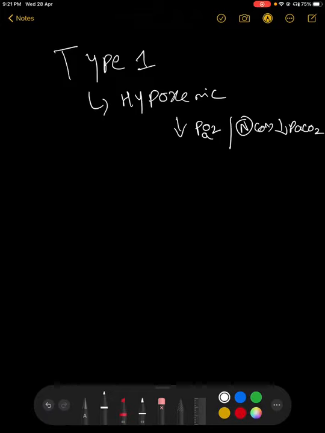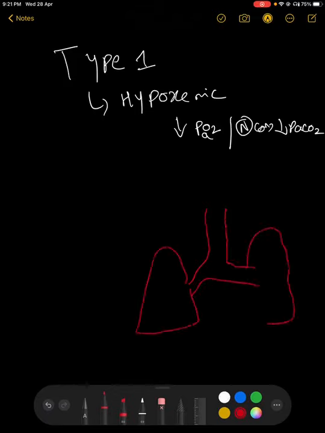First, the causes of hypoxemic respiratory failure you can divide like this. I am drawing the lungs, the airway with lungs. Bear with me because I am very poor at drawing. So let's imagine these are lungs. These are alveoli. This is an alveolus with a terminal bronchiole.